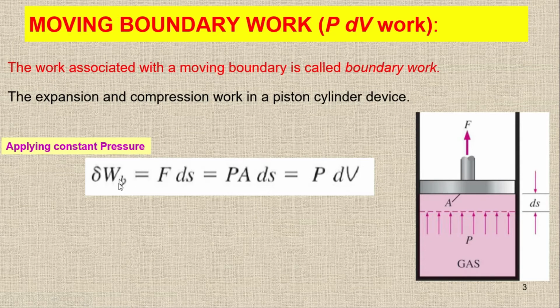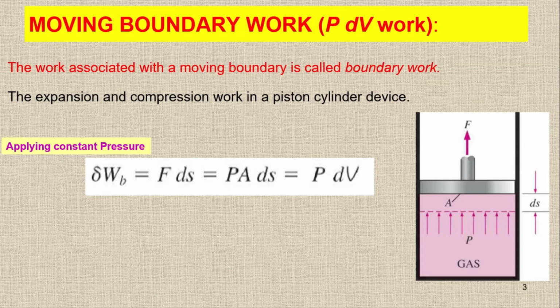I'm writing a B here just to mention that this is a boundary work, and this delta sign or inexact differential is used to show the change of the work. I am not using d here because the work is basically a path function.